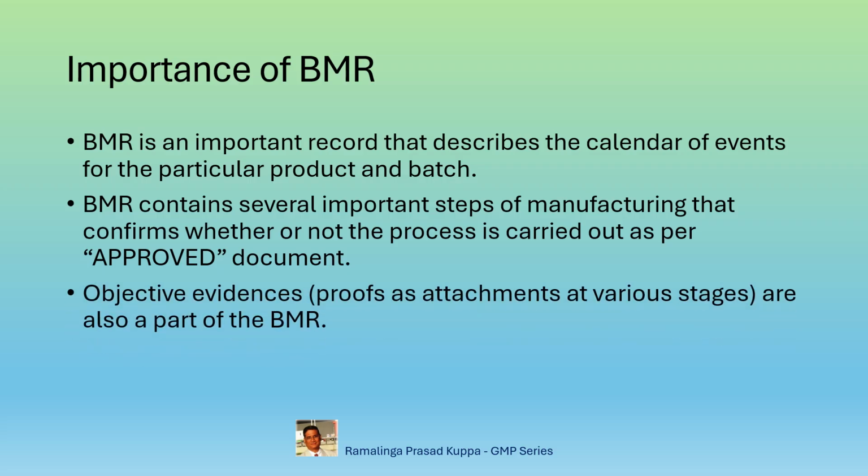Objective evidence, proof as attachments at various stages, are also part of the BMR. Objective evidence includes input materials approved slips, QC test reports for in-process, intermediate, and/or final product, packaging list, specimen label, etc.